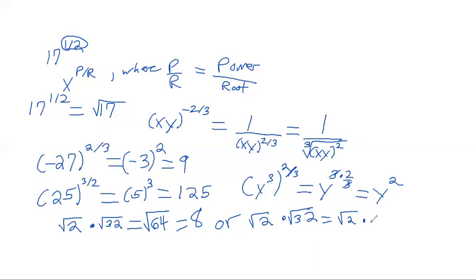So I could write it as the square root of 2 times the square root of 16 times the square root of 2. And then I can keep breaking it down. I know the square root of 16 is 4, and the square root of 2 times the square root of 2 is just the square root of 4. Square root of 4 is 2. 4 times 2 equals 8. So always keep that in mind. In math in general, you can solve a problem more than one way. Let me just clear the board here.